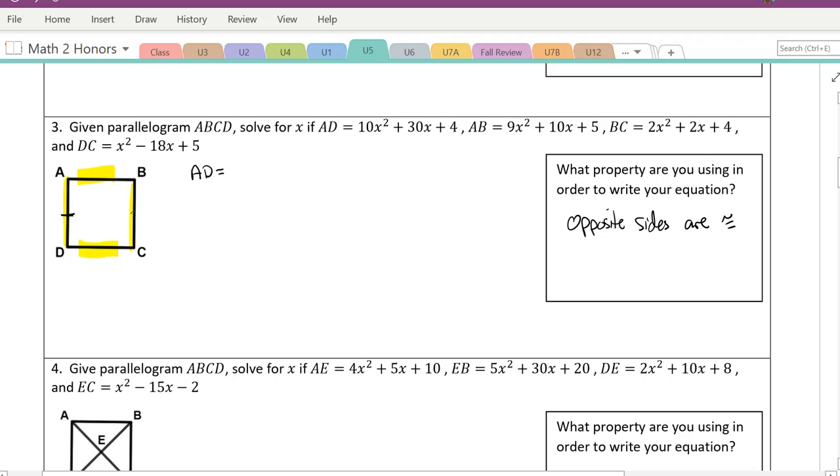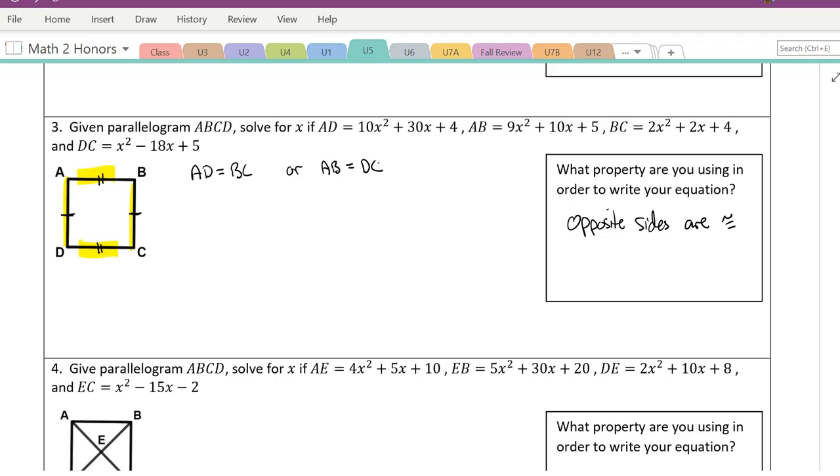So AD and BC are going to be equal. Or I could also say that the length AB is equal to the length DC. And we're given values for all 4 of them. We only need to solve for x, so we only need one of those relationships.